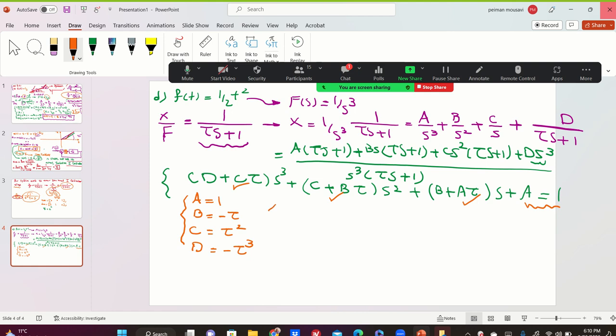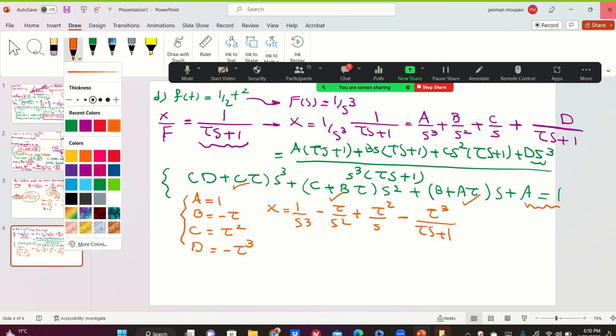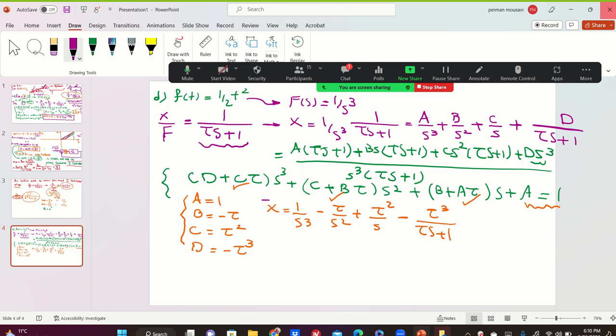So on the other hand, your X gonna be 1 over s cubed minus tau over s squared plus tau squared over s minus tau cubed over tau s plus 1. I'm gonna go back to the time domain. What do I have to do? You tell me now.